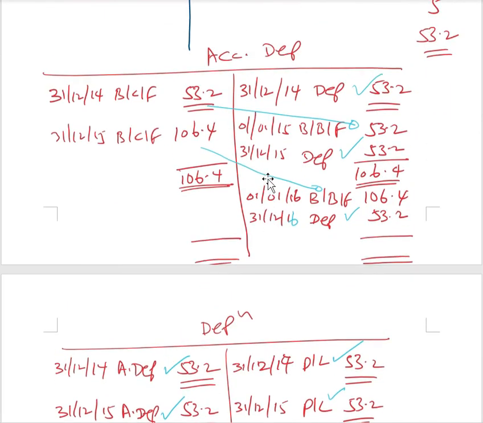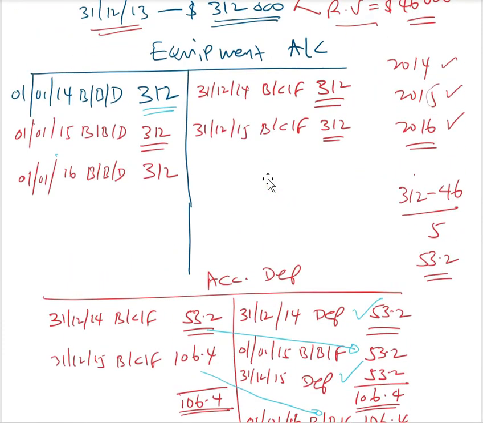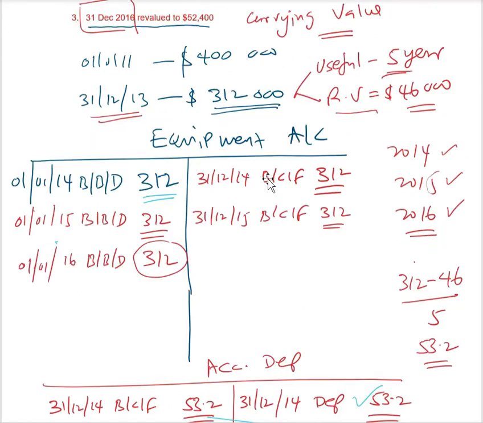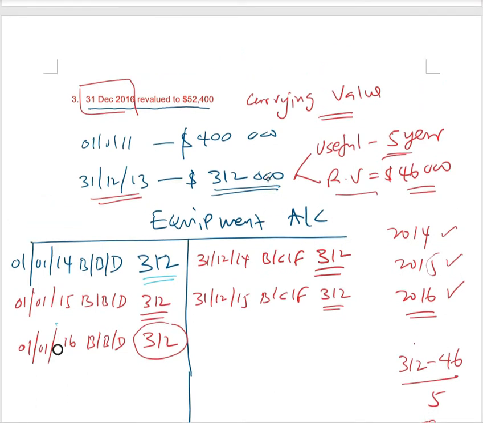Now also the equipment account will have a carrying value of 312,000 at the end of 31st December 2015, which is 1st January 2016. So now according to this, the asset value was revalued on 31st December 2016 to 52,400.